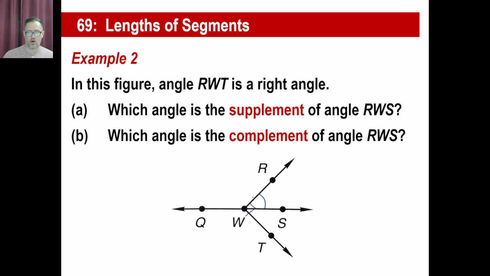Well, it's angle RWQ, or if you want to call it QWR, that's okay. And which angle is the complement of angle RWS? Well, this is the 90-degree angle from here to there. The complement of angle RWS would be this one here, SWT or TWS, because both of those together add up to give you a 90-degree angle.